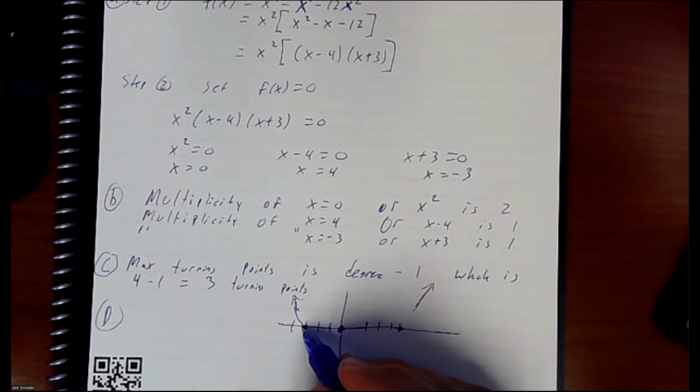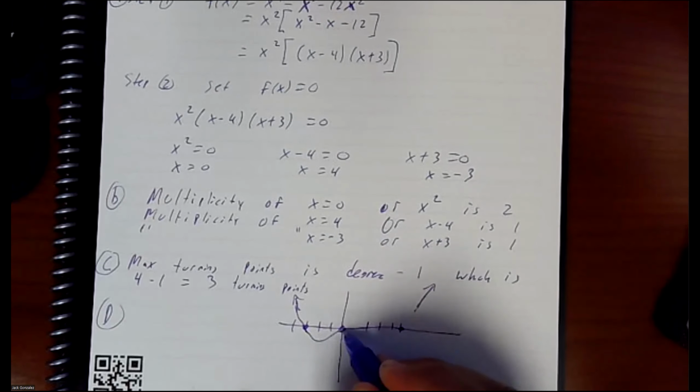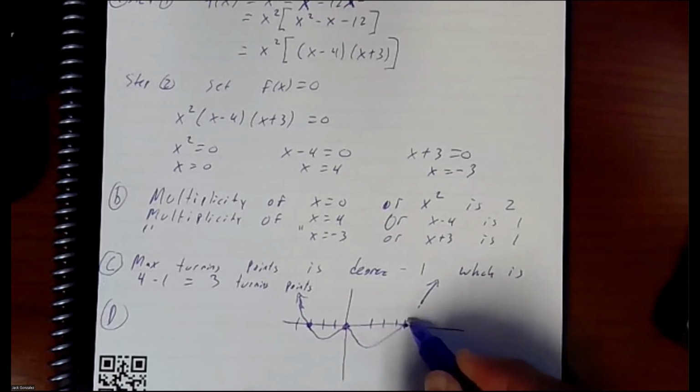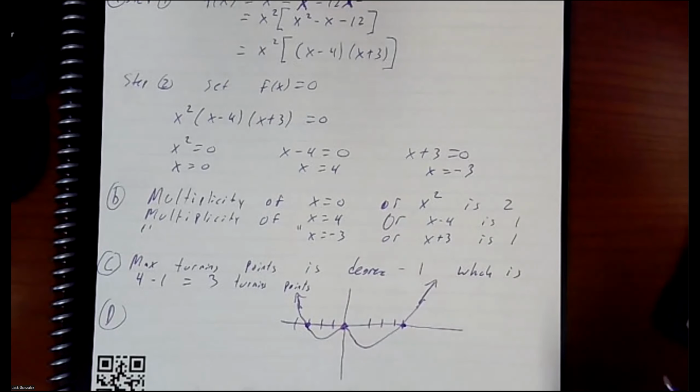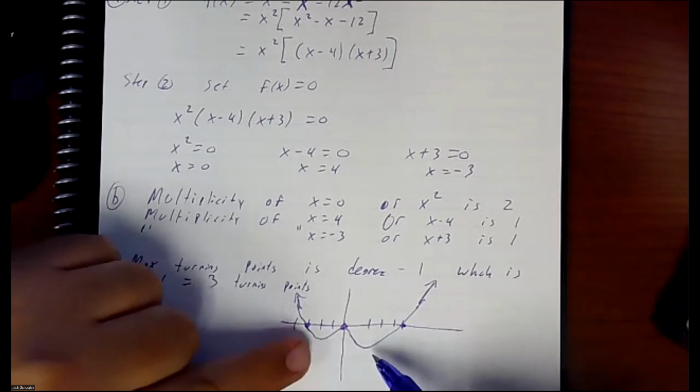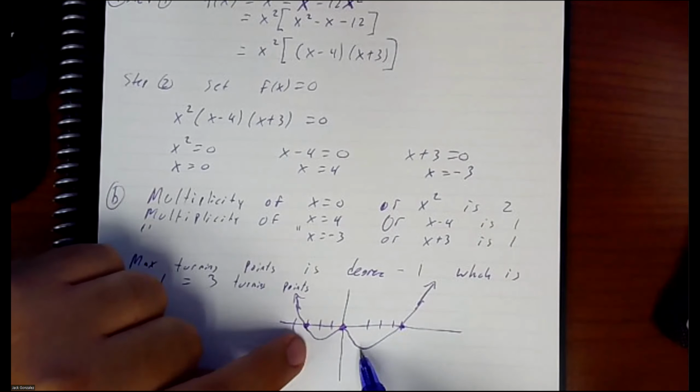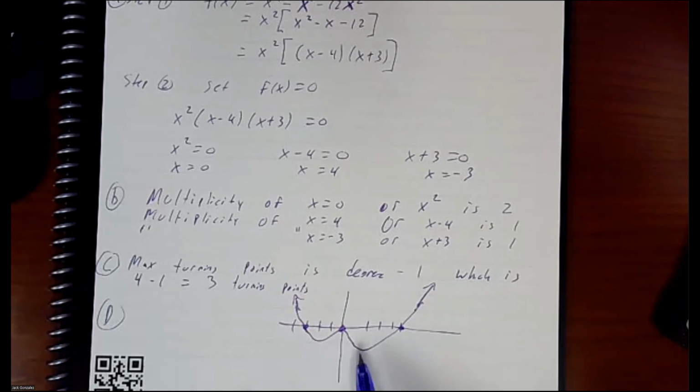At 0, it's going to bounce. At 4, it's going to cross. So this is my sketch. I don't know how low these go. That requires us to plot more points, but I don't want to do that. And you don't have to do that. Like, this is good enough sketch.